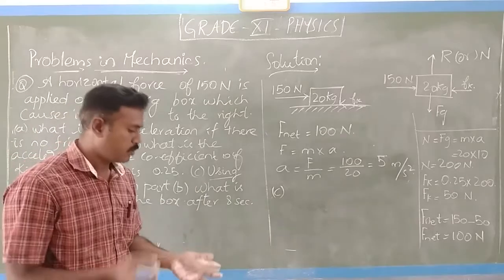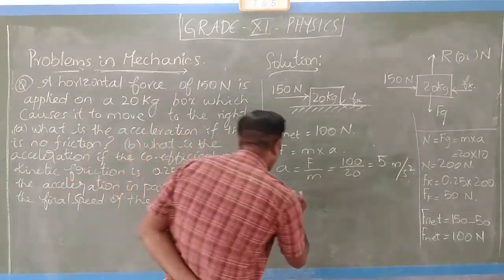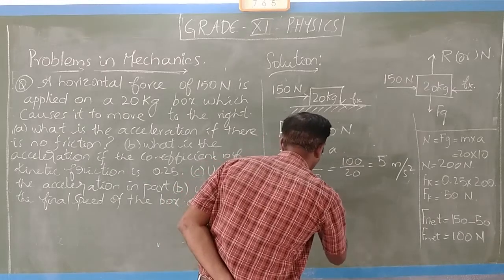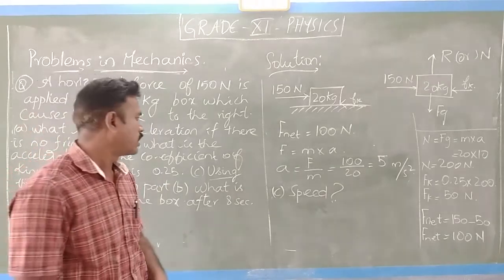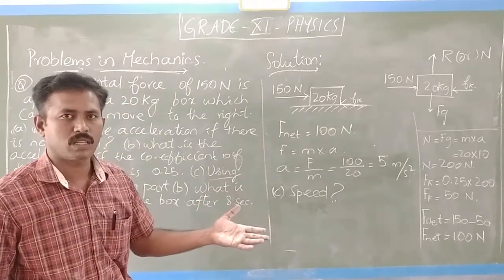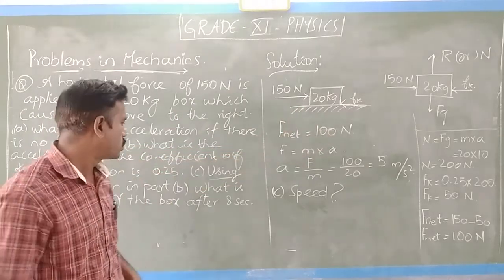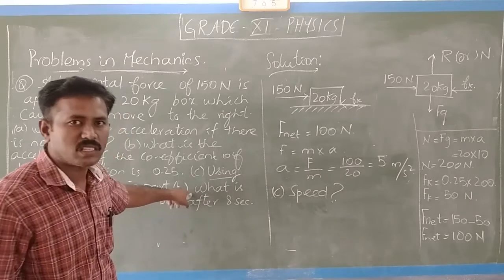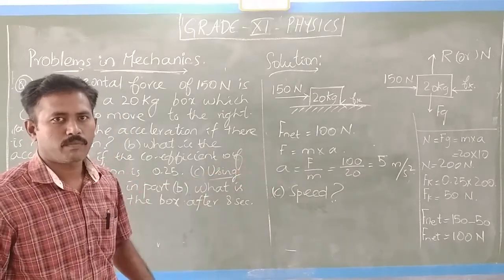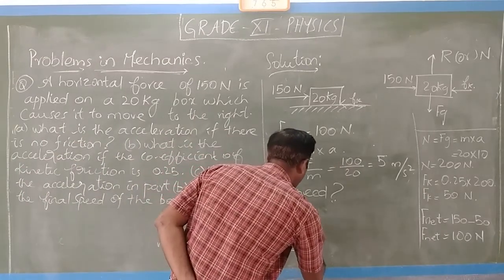So what is the final speed of the box after 8 seconds? What are the parameters we have? We have to find speed. So what is speed? Here I am saying it with direction, so we can take it as velocity, because we have a proper direction. Acceleration is velocity by time, so a equals v by t.